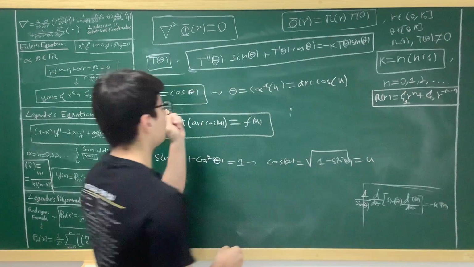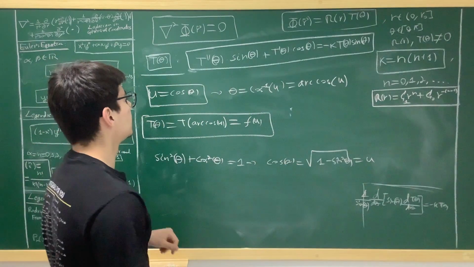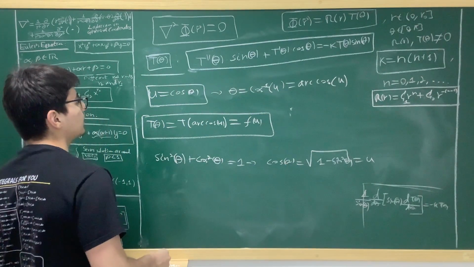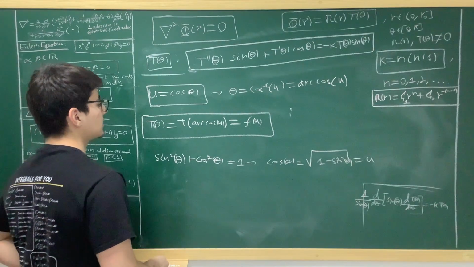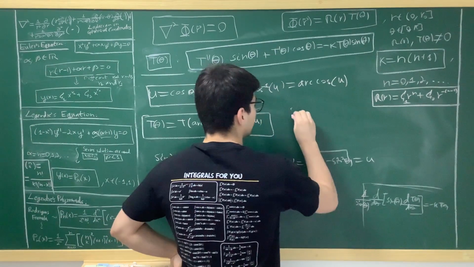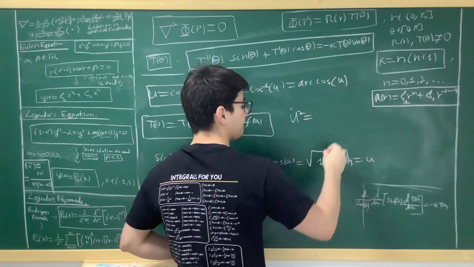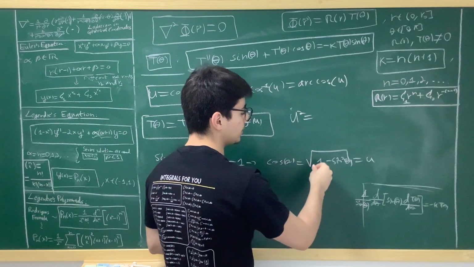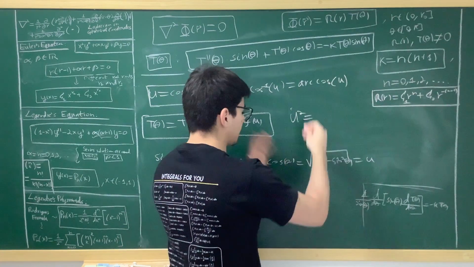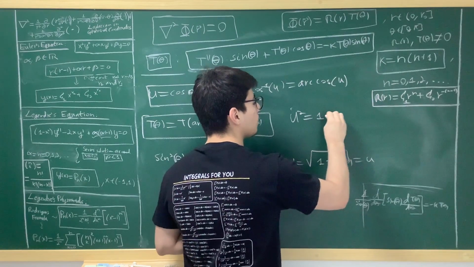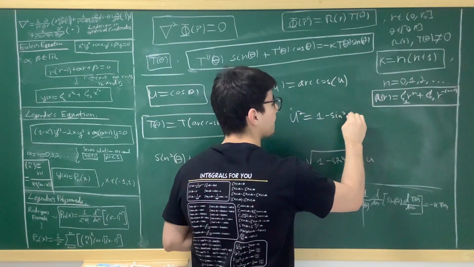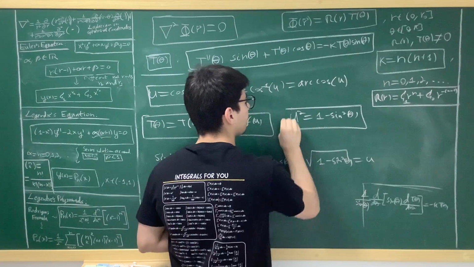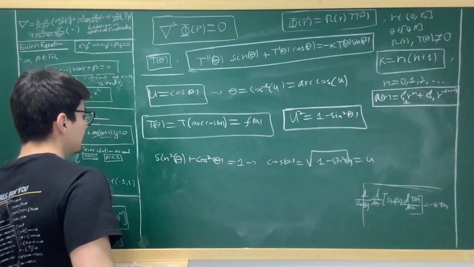And we said that the cosine was u, so it is the square root of 1 minus u squared. Taking the square root on both sides, and yeah, that's what we get.